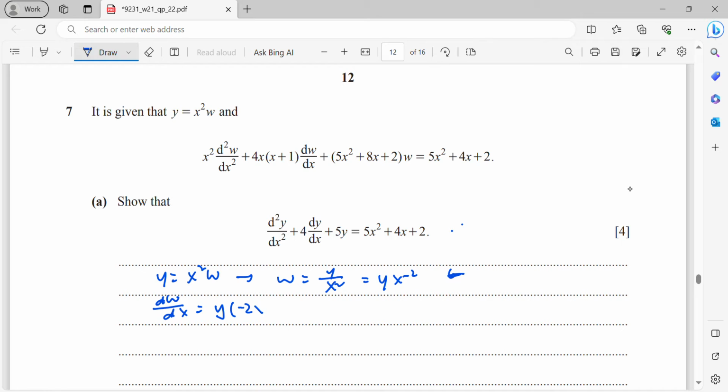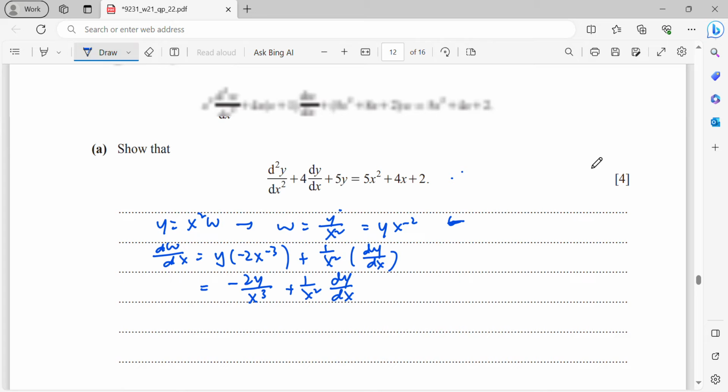So use a product rule. Y negative 2 x negative 3 plus 1 over x squared dy dx. Okay, so I refer to this form for the differentiation of the second part of the product rule. So here is going to be negative 2y over x cubed plus 1 over x squared dy over dx.